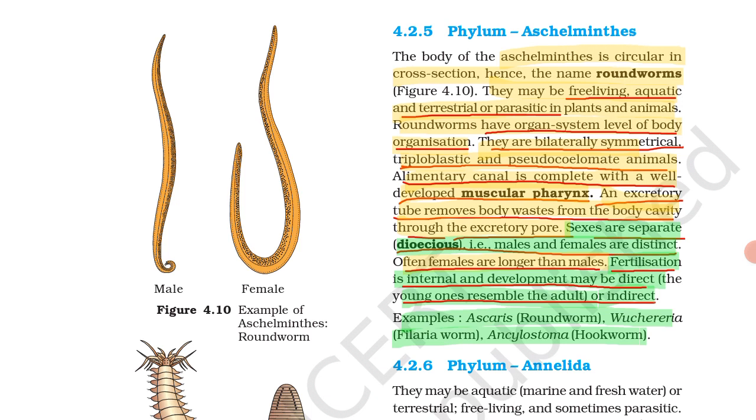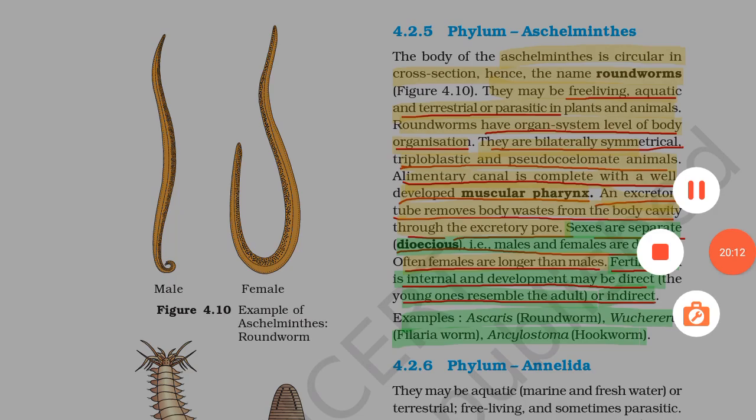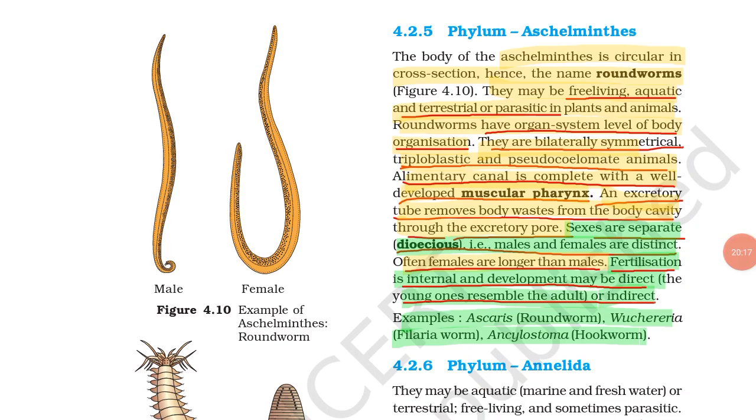So let's learn from the beginning about Aschelminthes. The body of Aschelminthes is circular in cross section and they are roundworms. They are free living, aquatic, terrestrial, or parasitic in plants and animals. They have organ system level of organization.